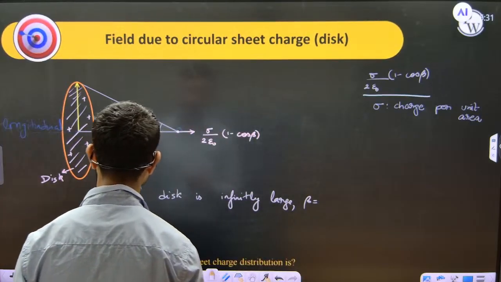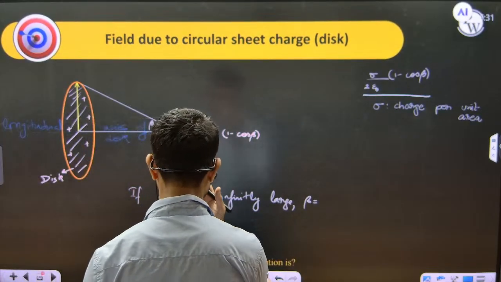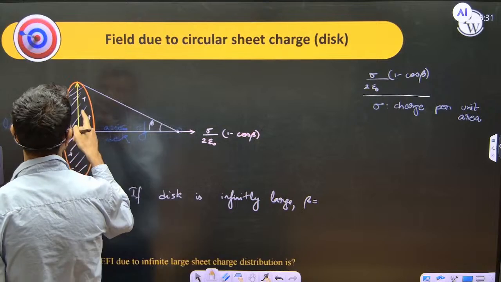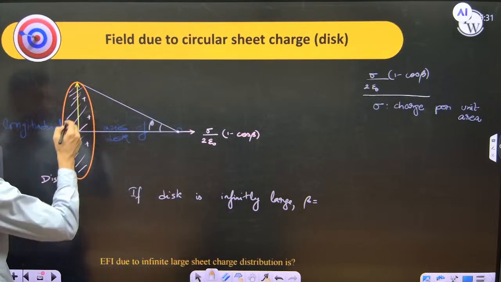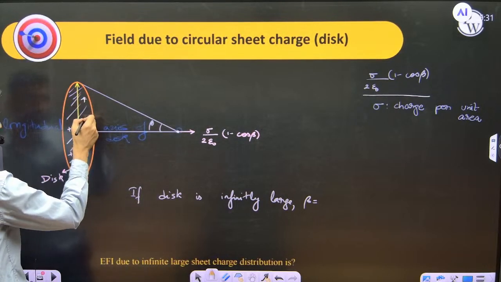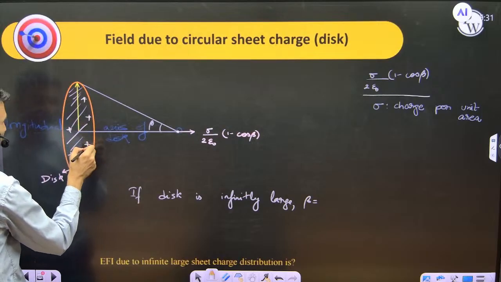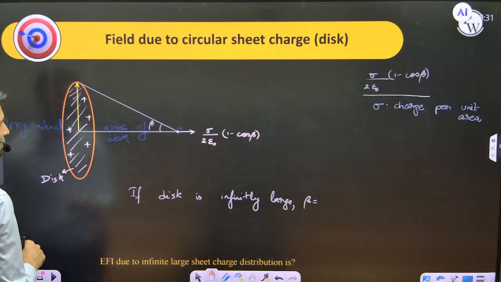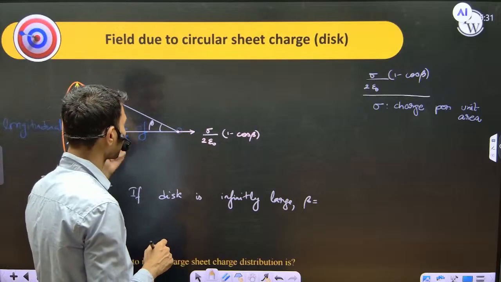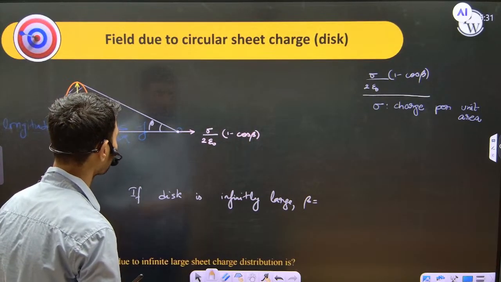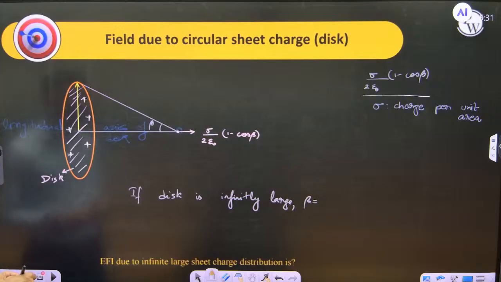So let us derive how the formula we get because of a sheet. So this is basically a disk and it has got some positive charge on it, and we have to find out the electric field at this point due to the disk, right? So let's first derive the formula, then we'll go ahead.